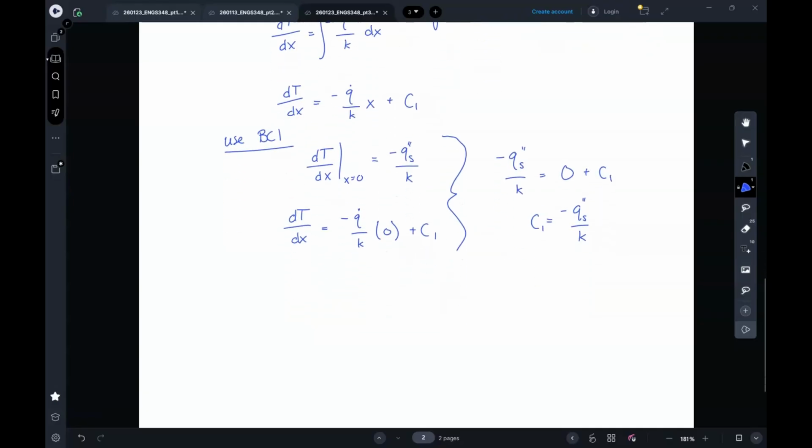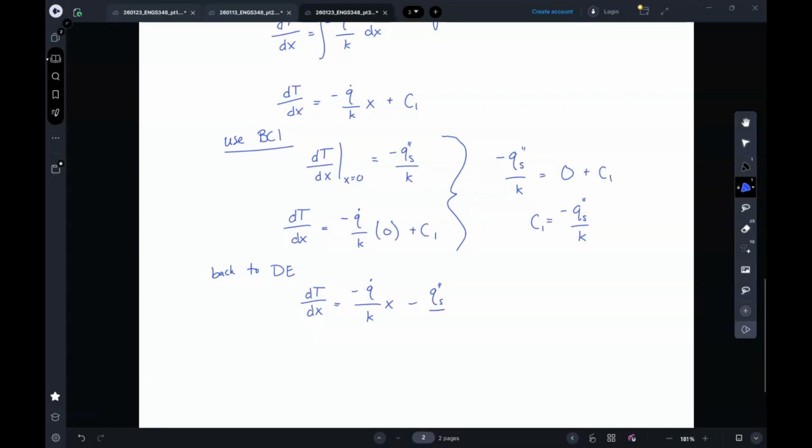All right. Now we can go back to our math. So this is back to our differential equation. We have dT/dx equals minus q dot, the heat generated over k, times x. And now we have a known value for c1.